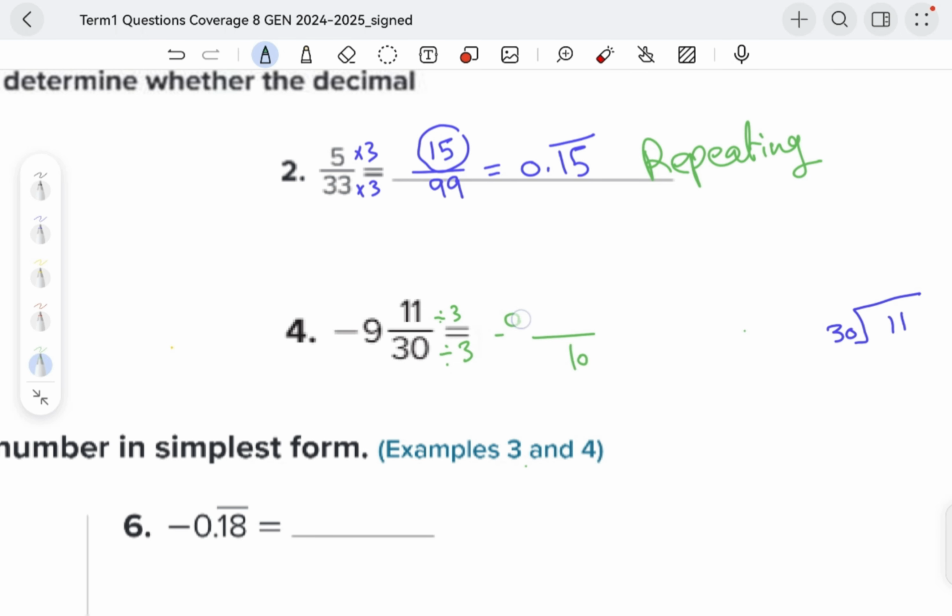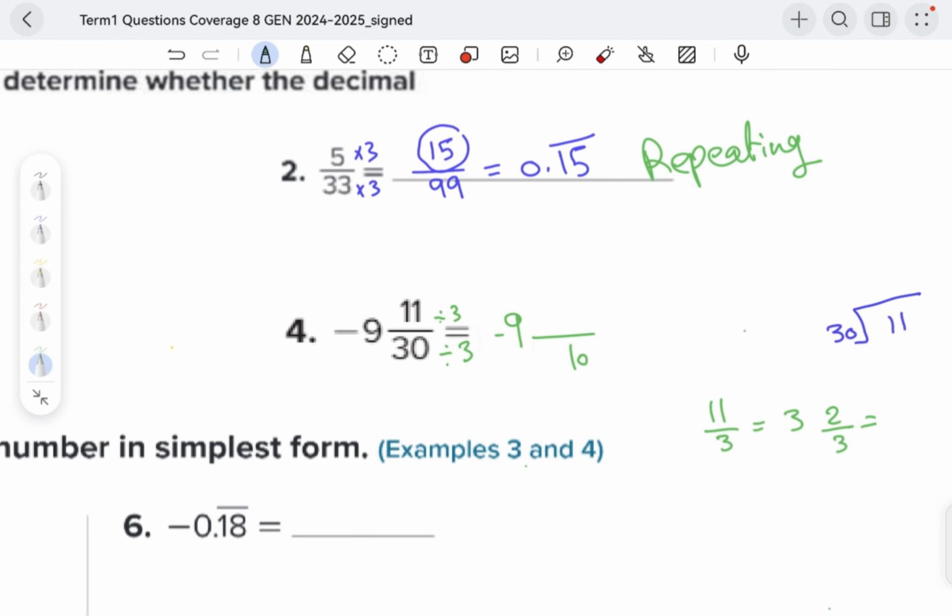The whole number will not be changed. 11 divided by 3, this is an improper fraction. If we convert it to a mixed number, the 3 goes into the 11 3 times, and the remainder is 2. 3 times 3 is 9, the remainder is 2 out of 3. We know that 2/3 is 0.6 repeating.